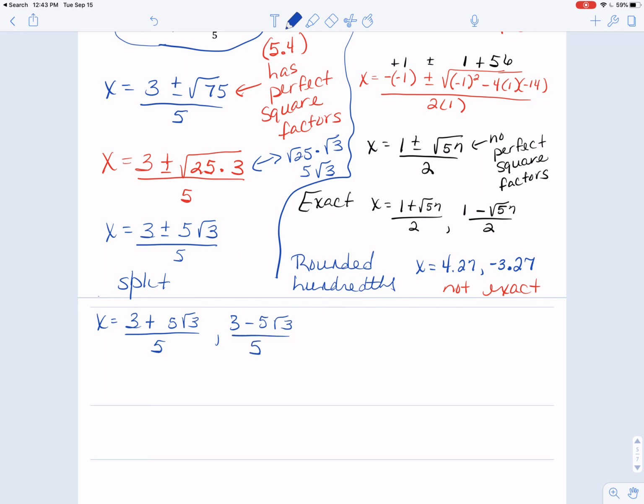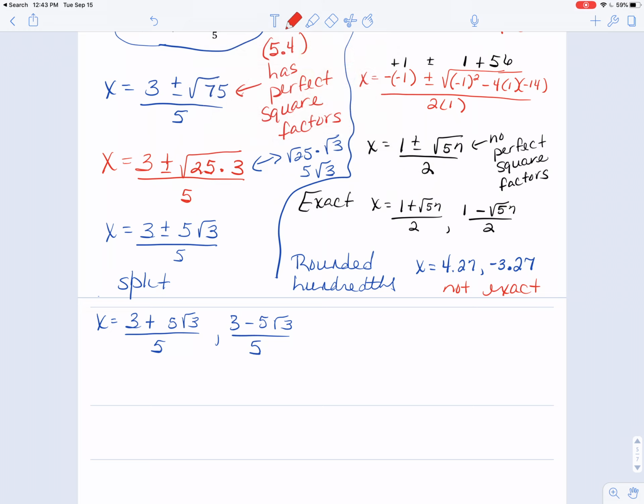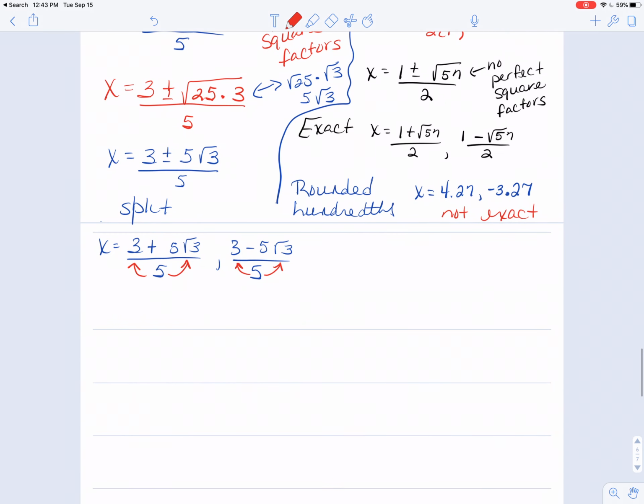All right, now some of you are probably noticing those 5s and you're really wanting to cancel them out. Well, you can if you want to, but I need to remind you that this 5 goes to both of these, not just the second term. So if you do cancel that out, you've got to do it this way.